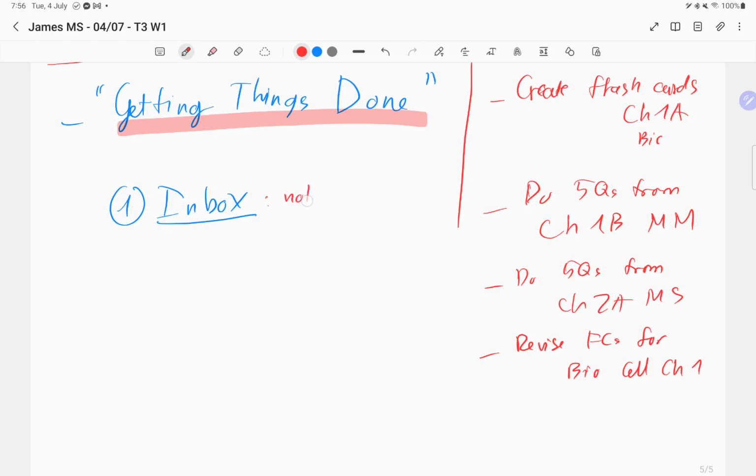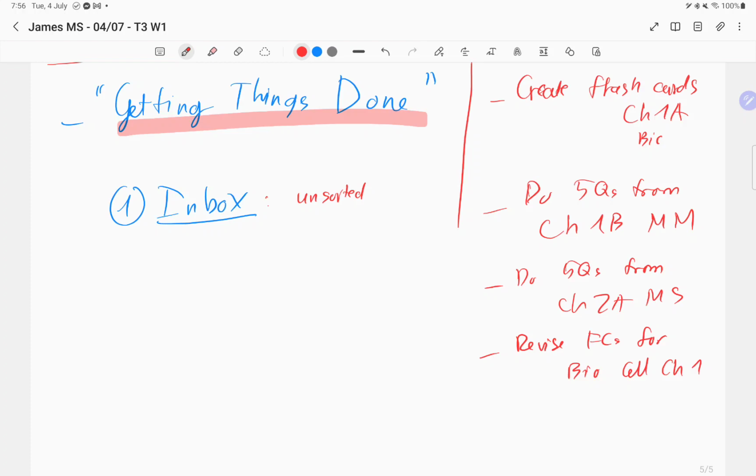Okay, so this is for unsorted tasks. Right? Anything that you have no time for, you chuck it in there. The idea is when you put all your tasks into a certain inbox, either in the app or a physical box, you know that it's there. You won't forget about it. Right? You won't forget to revisit these flashcards.